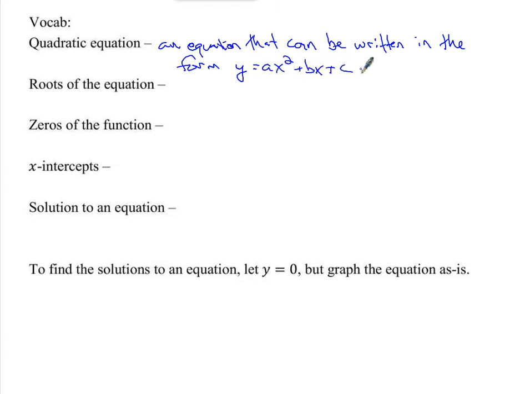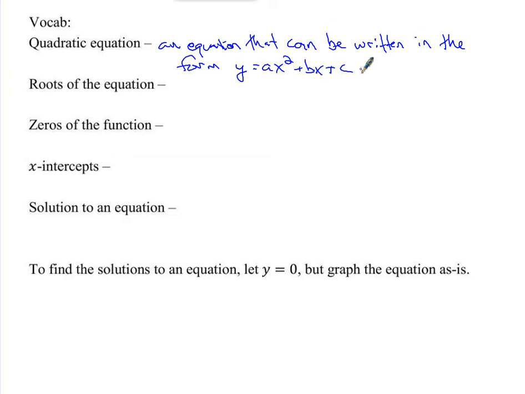And that's just what we've learned already in this chapter. We're using the equation that looks like y equals ax squared plus bx plus c. A, b, and c are what? They're just numbers, right? X is what? A variable. Okay.